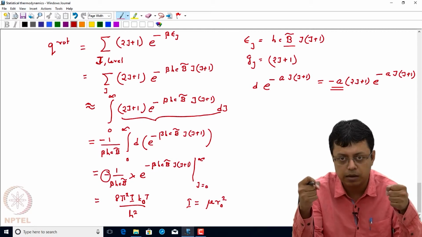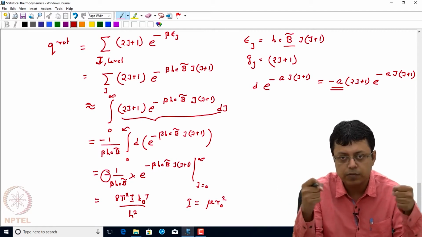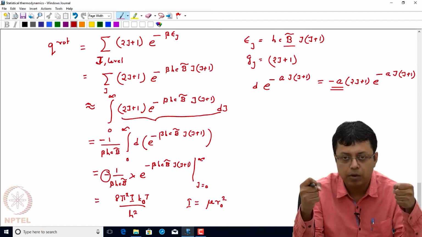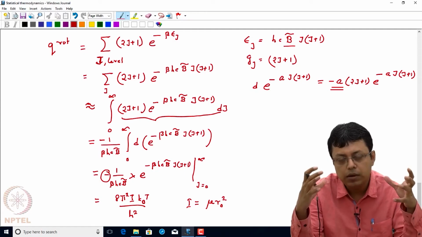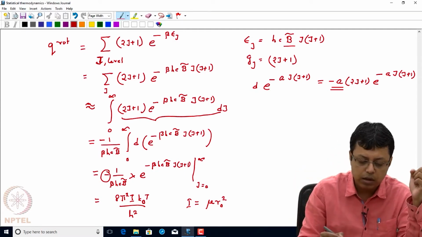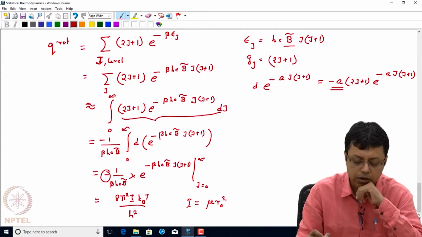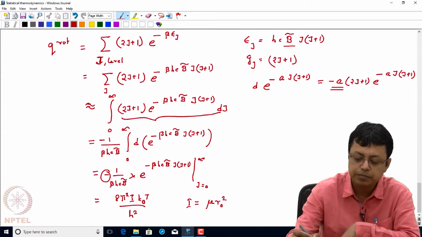Suppose I am talking about a diatomic molecule which doesn't vibrate. It is rigid, in the sense that I'm only considering the equilibrium bond length, as if the bond length is fixed and then it is rotating, so we can take that to be r0. So this is the expression for the rotational partition function.